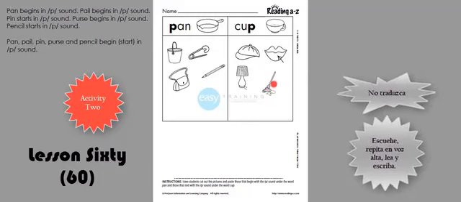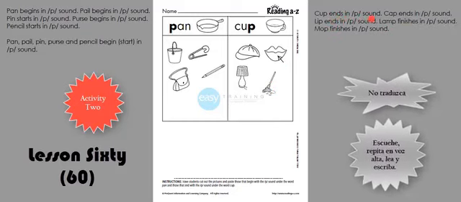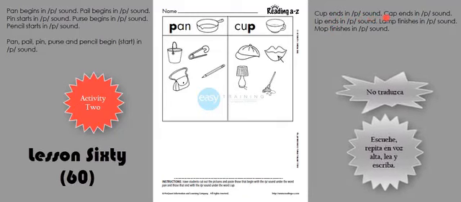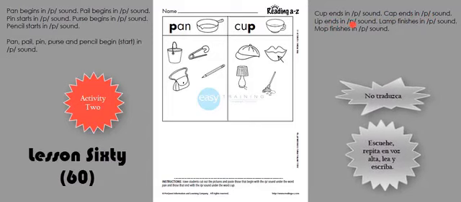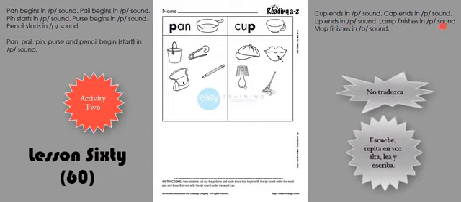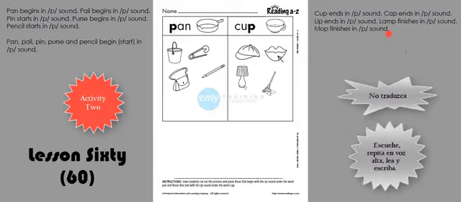Let me write that. Here are the sentences. Cup ends in P sound. Cap ends in P sound. Lip ends in P sound. Lamp finishes in P sound. And mop finishes in P sound. Enunciados individuales.